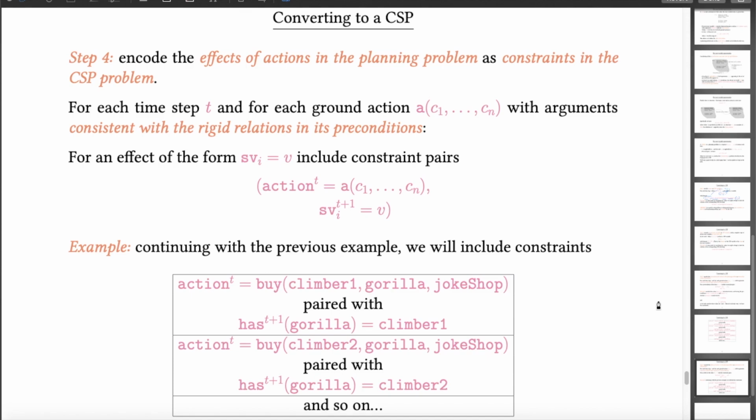So with the previous example, we would have a constraint that says that you can do buy climber 1 gorilla joke shop at time t, provided you also have has gorilla equals climber 1 at time t plus 1. And again, you'll do that for all ground instances of actions, all ground instances of their effects, and all possible times.